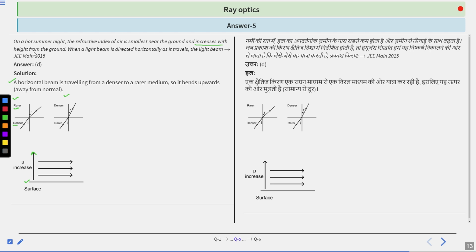So this is the ray of light that is traveling. The horizontal beam travels from denser to rare medium, so it bends upwards, away from the normal. It means this ray of light is bent upwards. So the correct option is option D. Clear?